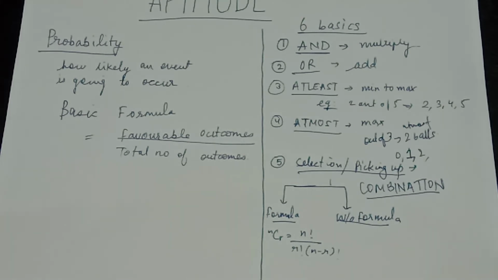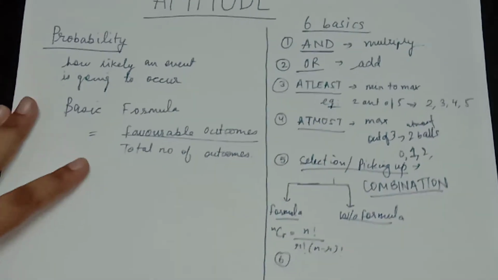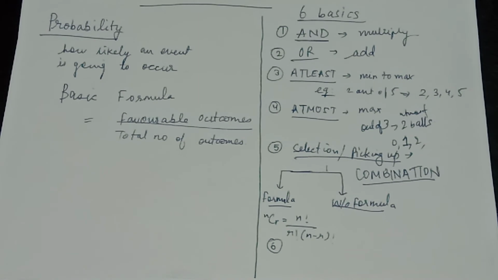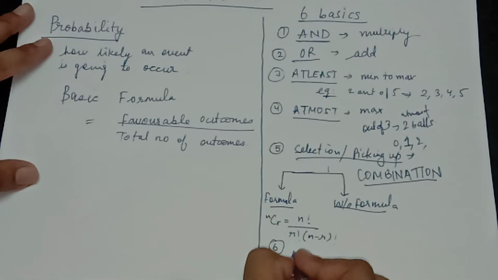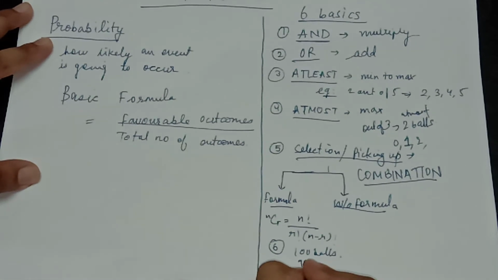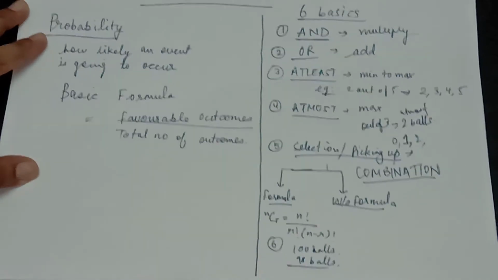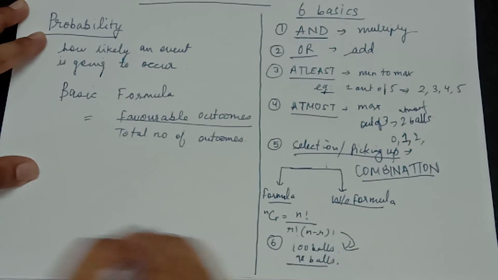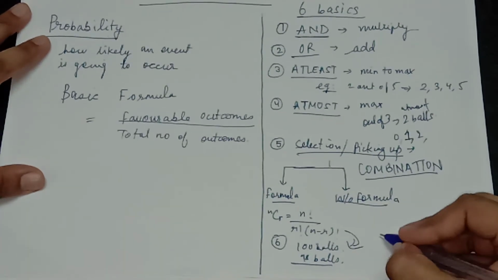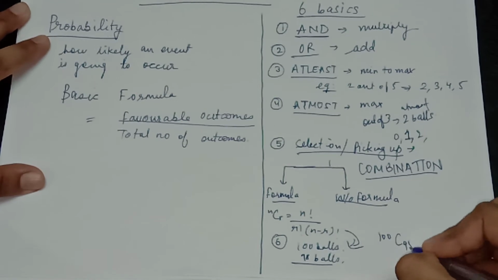Now next, you have to remember this is a very short trick but very useful when it comes to solving questions effectively, and also you may get confused, so this will help you. If it is given that there are 100 balls and you pick 98 balls out of it, if you apply combination you will write 100C98.